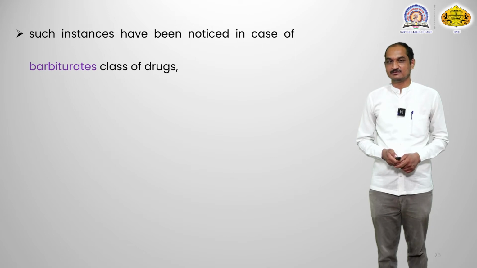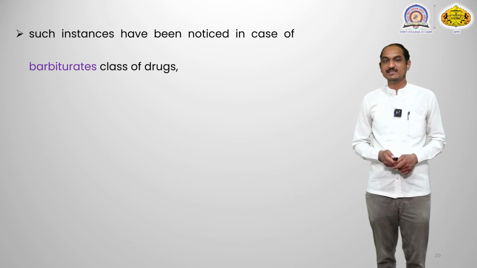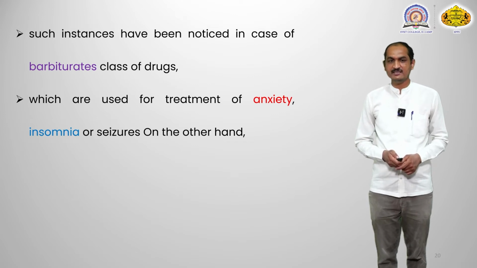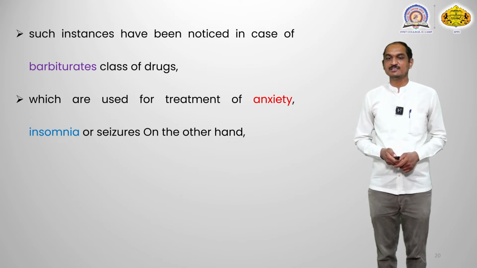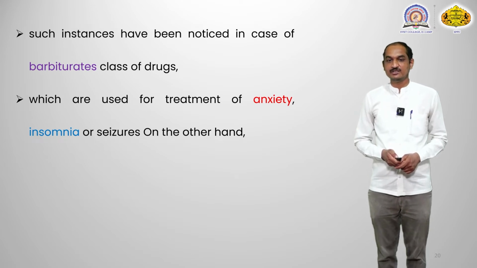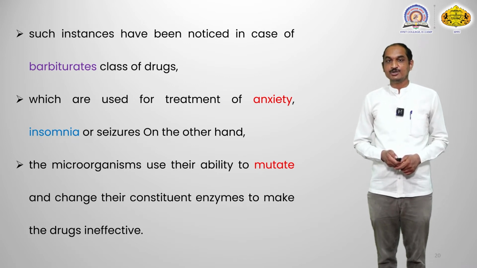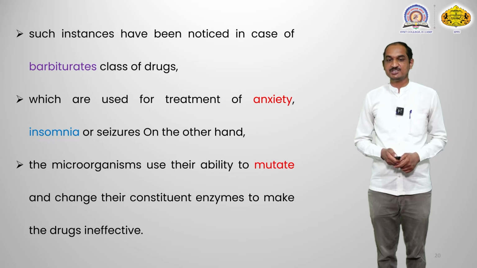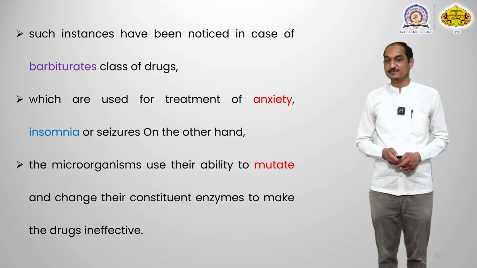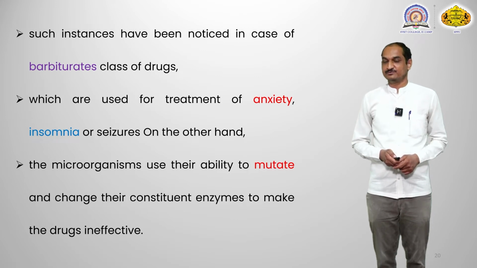This is an example of such an instance, barbiturate class of drugs, and these are used for the treatment of anxiety and insomnia. On the other hand, microorganisms use their ability to mutate and change their constituent enzymes to make the drug ineffective.